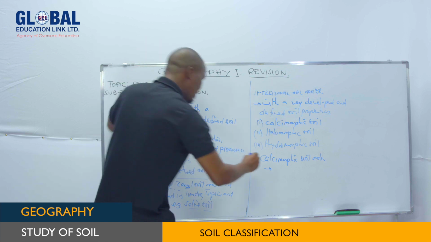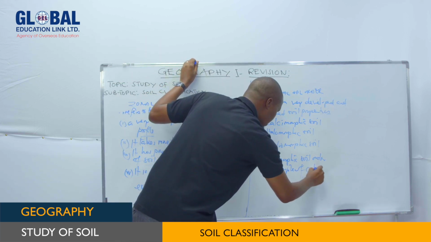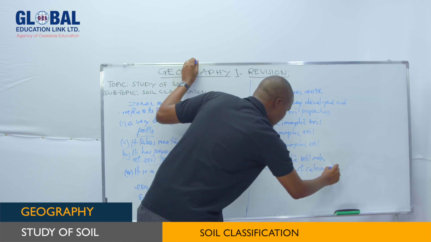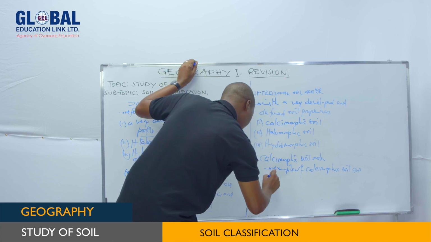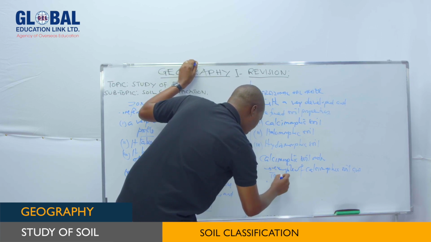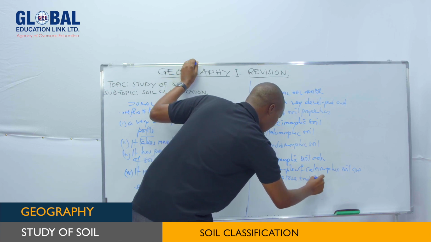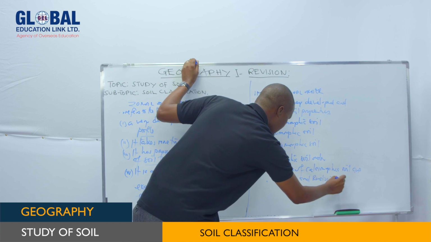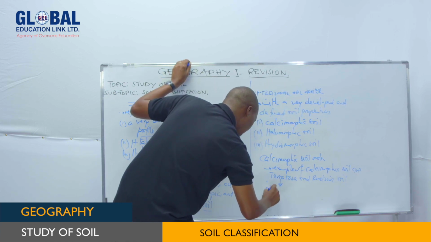So from there, examples of calcimorphic soil are what we call the terra rosa and the rendzina soil.